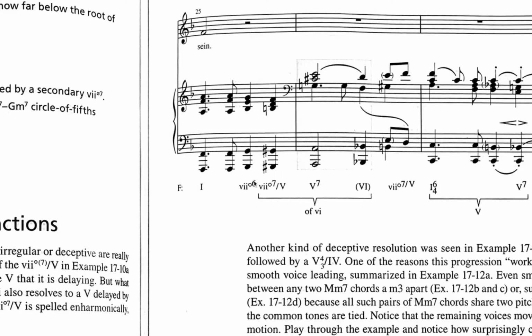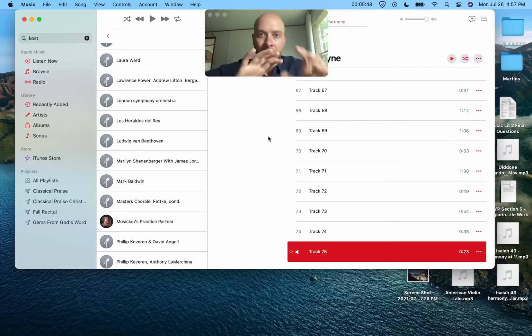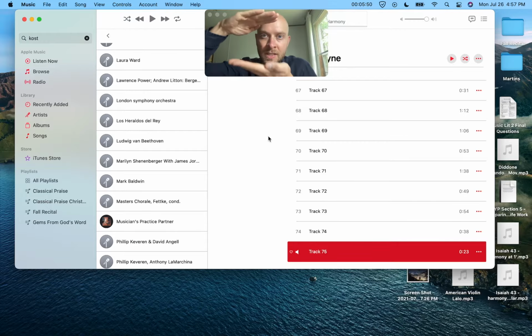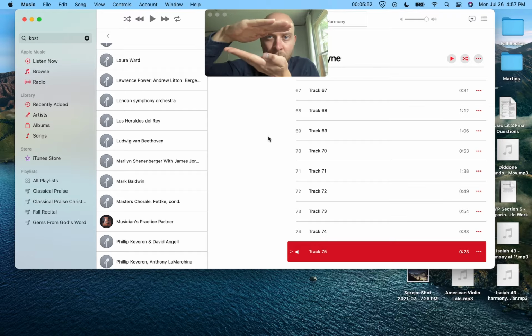And since he has this in first inversion, he has the soprano and the alto going down, and the tenor and the bass going up. So the way that he built the chord is also helping with this squeezing momentum there.